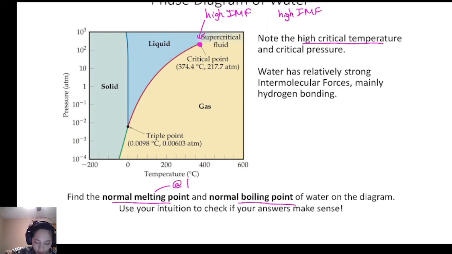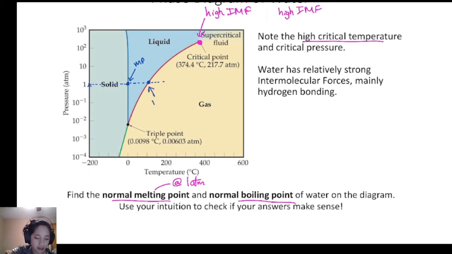Again, that means at 1 atm. So we just find 1 atm. There's one of our points, and there's another one of our points. This point is our melting point because we're going from the solid to the liquid phase. And then between liquid and gas, this is our boiling point.